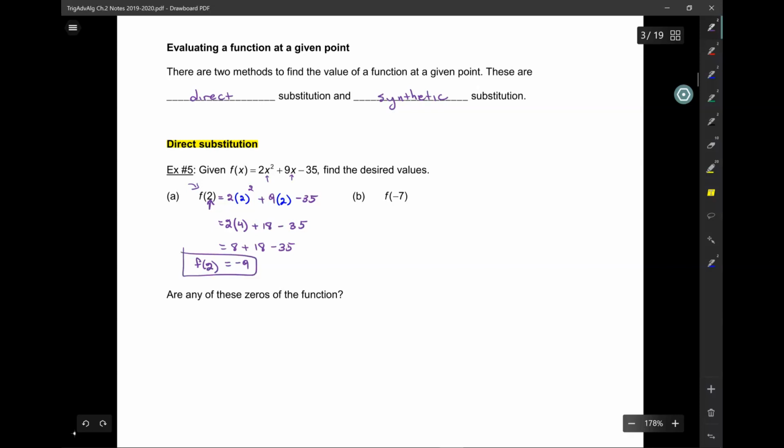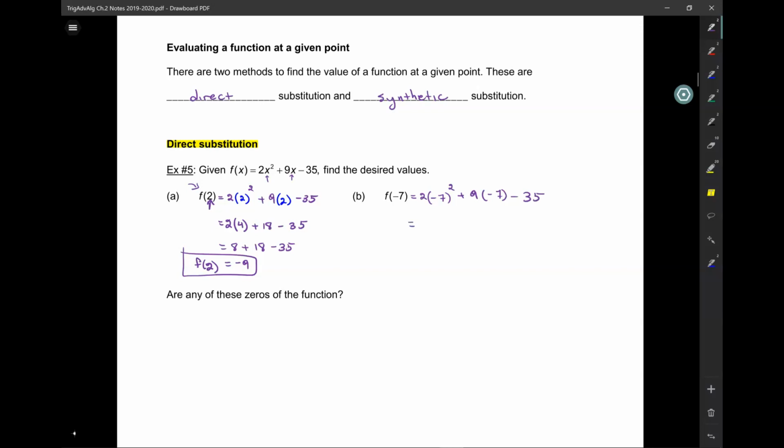Okay? Now I need f of -7. So I'm going to say 2 times -7 squared. Now when the number is a negative, right, f of a negative number, please use parentheses. 9 times -7 minus 35. Okay?